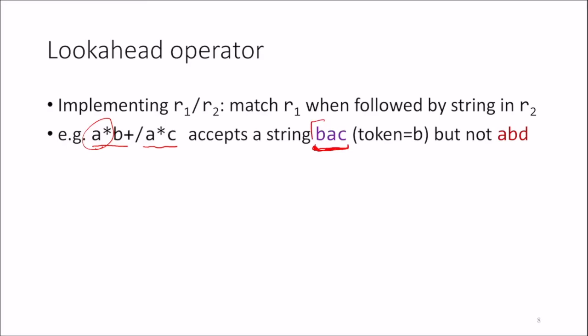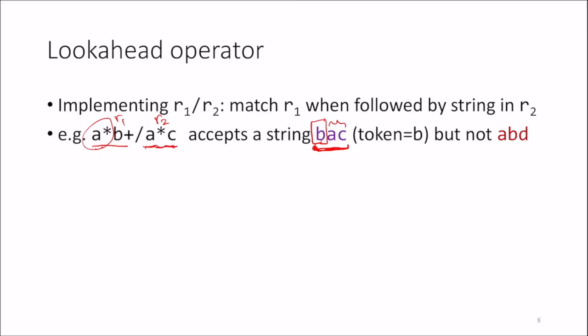So it matches this B as a token, and this part over here, which is AC, matches this regular expression R2. AC is one A and a C, which is matched by A star C.